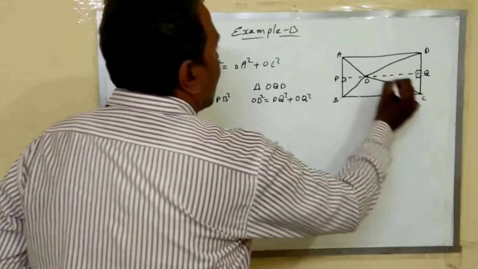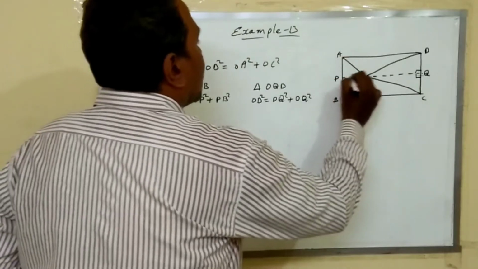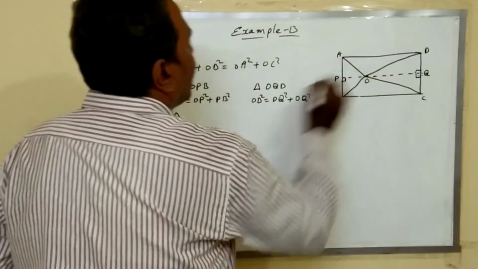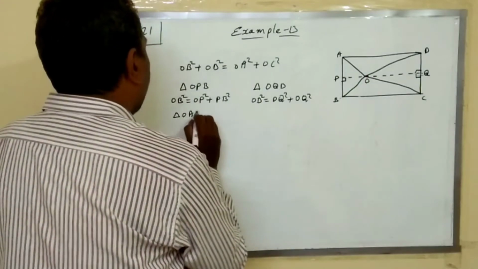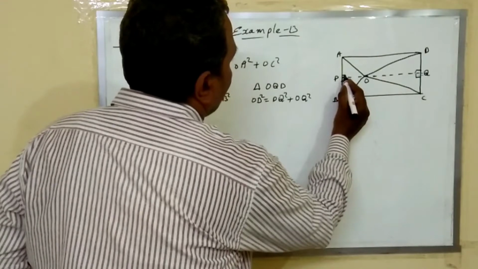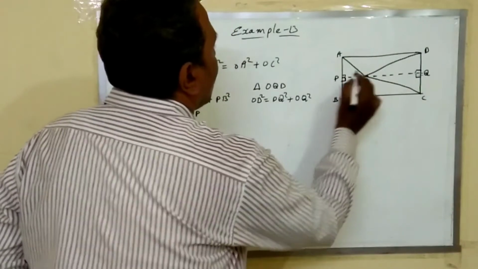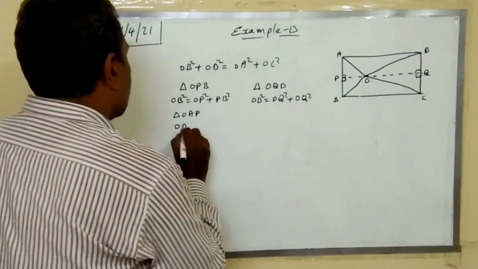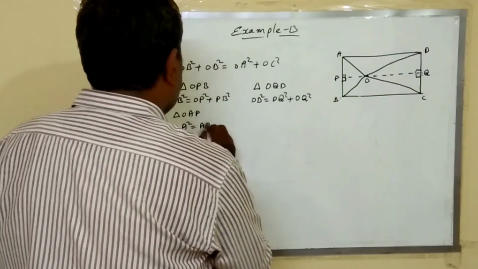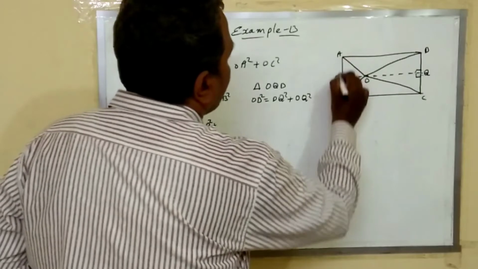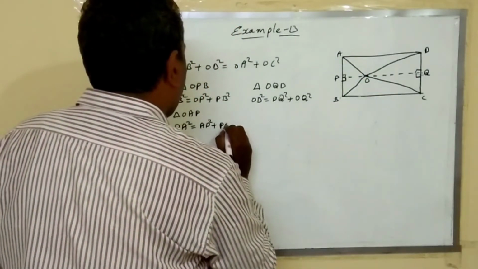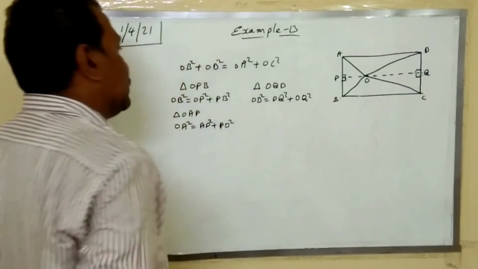Now take the other two. I am considering triangle OAP. This is the right angle and this is the hypotenuse. OA square is equal to AP square plus PO square, or you can say OP square.